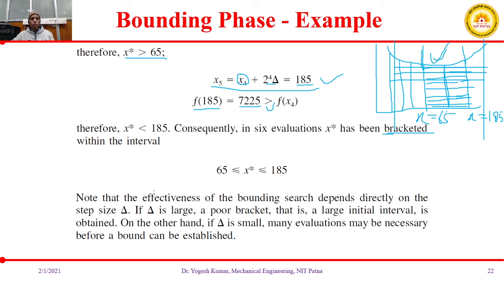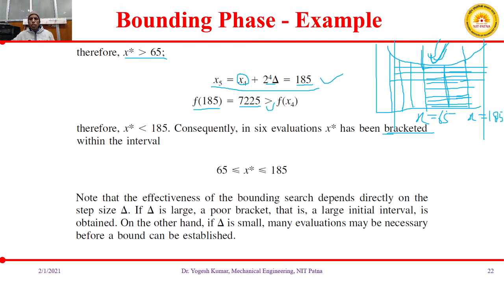So you have to make a compromise between these two, how large or how small a step size you should take, so that there is a balance between the number of steps and the total span which you get using this bounding phase algorithm.